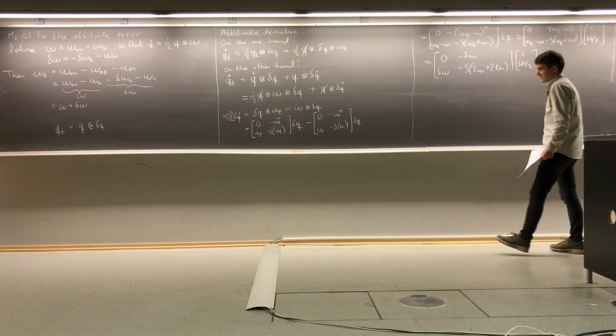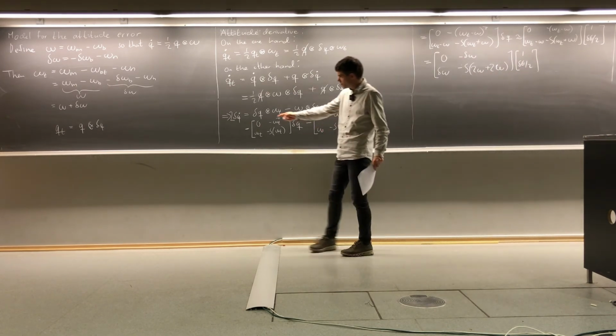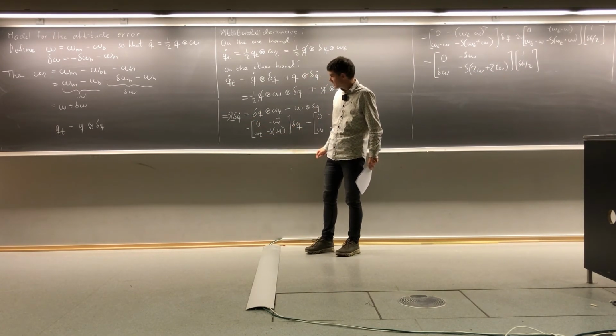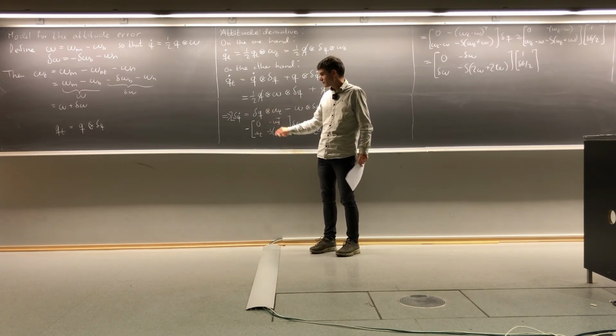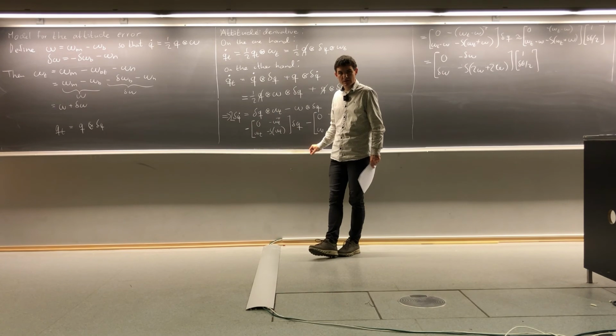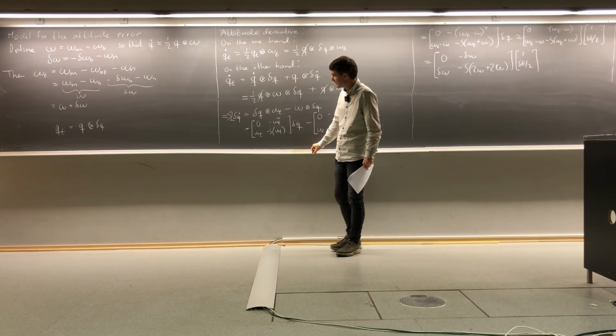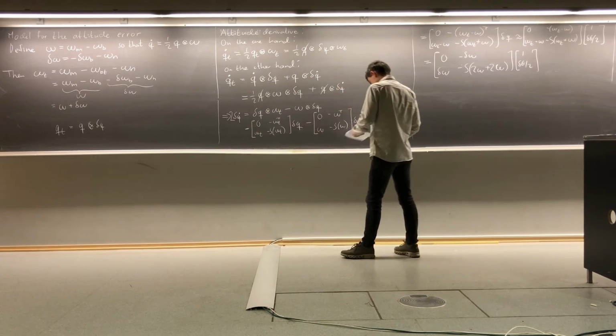Then I'm again in my delta Q dot here. Again, what I'm interested in here is what happens in the vector slot of this thing. That's what governs my evolution of the error angle.